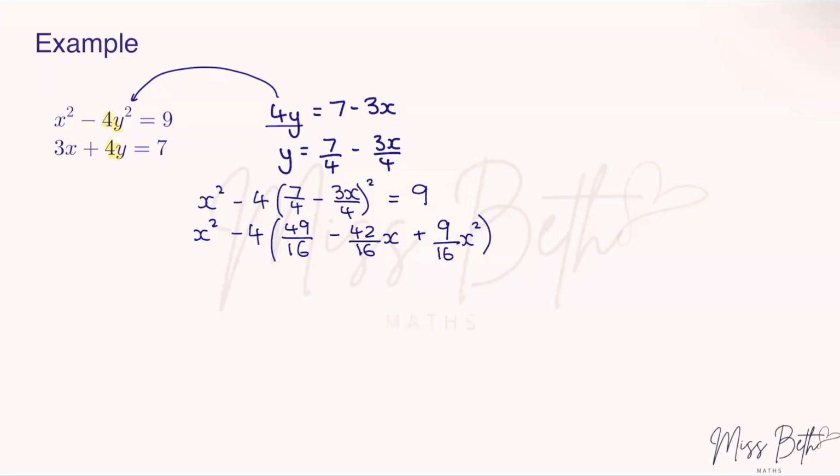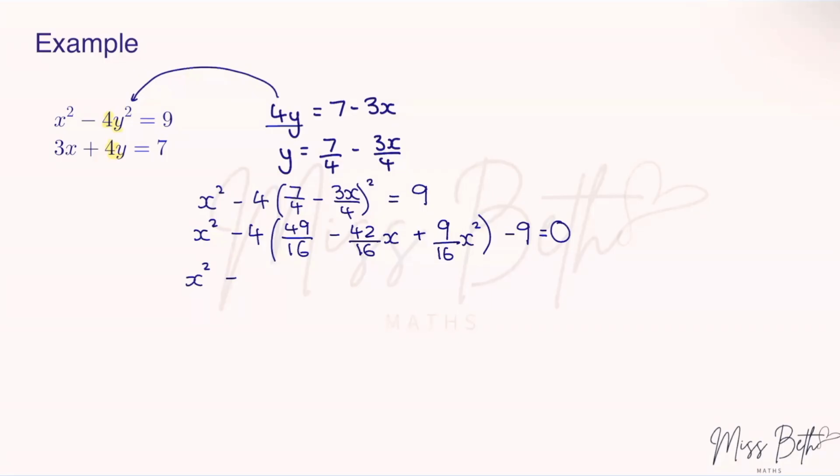Okay, if you want to keep the x on the top with the numerator, that's fine. It really doesn't matter. I'm also going to subtract the 9 after the brackets because I want the quadratic to be equal to 0. Okay, so I want to multiply out that bracket now by the negative 4. So keep the x squared at the front. I'm going to change the order of things as well now, just to get my x squared term at the front, then the x, and then the constant.